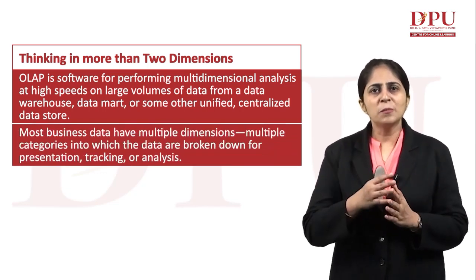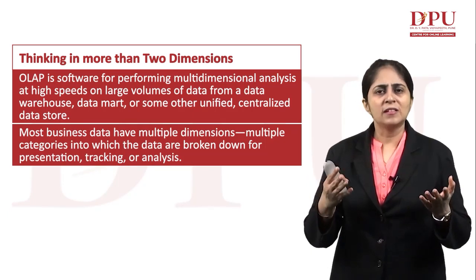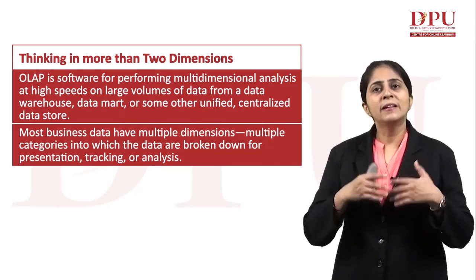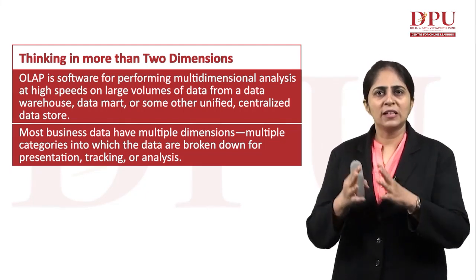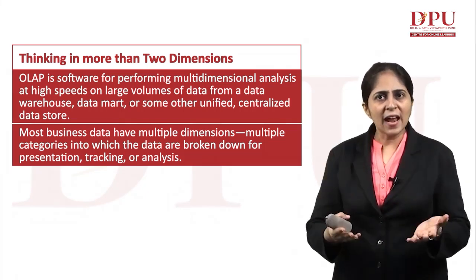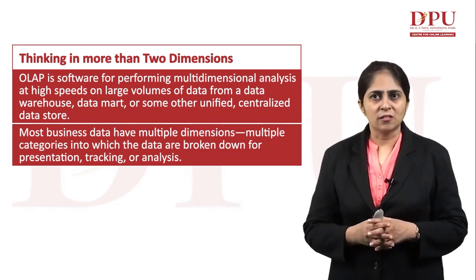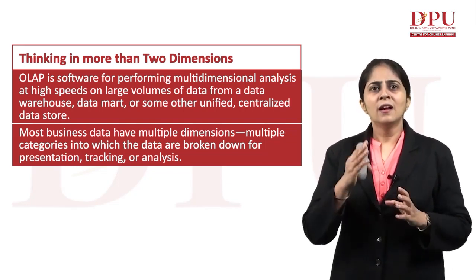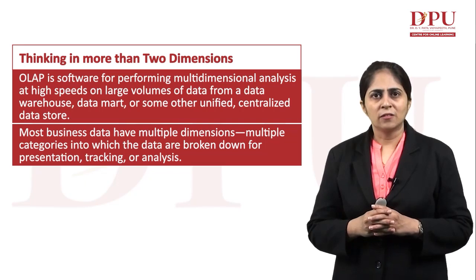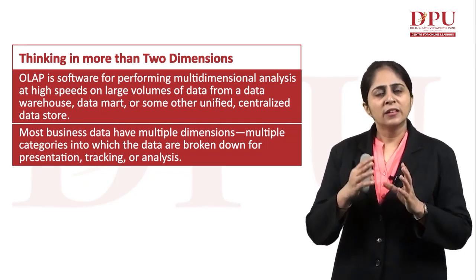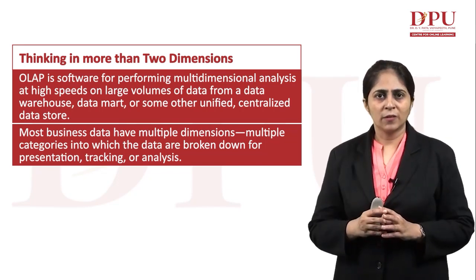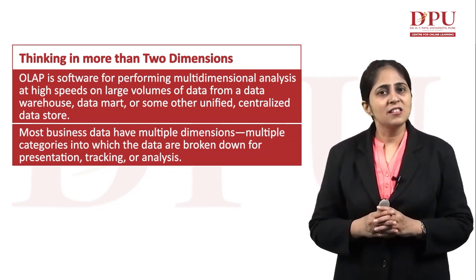Now, most business data that we see has multiple dimensions, multiple categories into which the data can be broken down for representation, tracking or analysis. For example, take the sales figure. It might have several dimensions related to location.